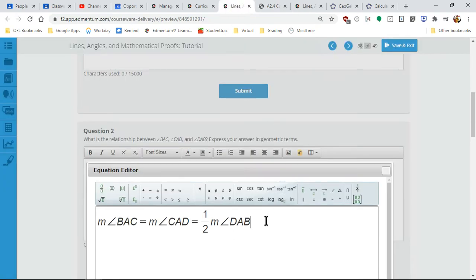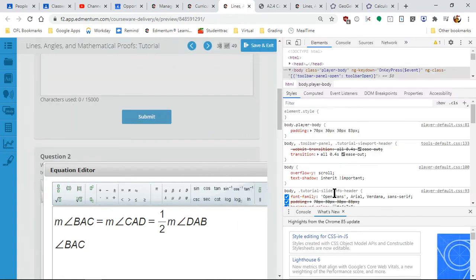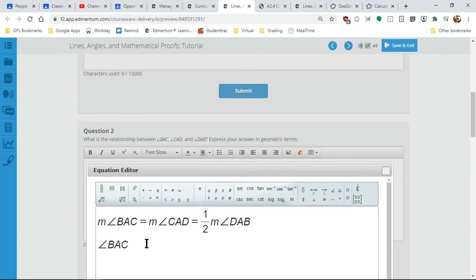Another thing I could say, and this is more exact, is angle ABC, oops, did not mean to do the source code, is equal to angle CAD. Oh, actually, I don't want to say that. They're not equal. I meant to say plus, these two angles together equal angle DAB.